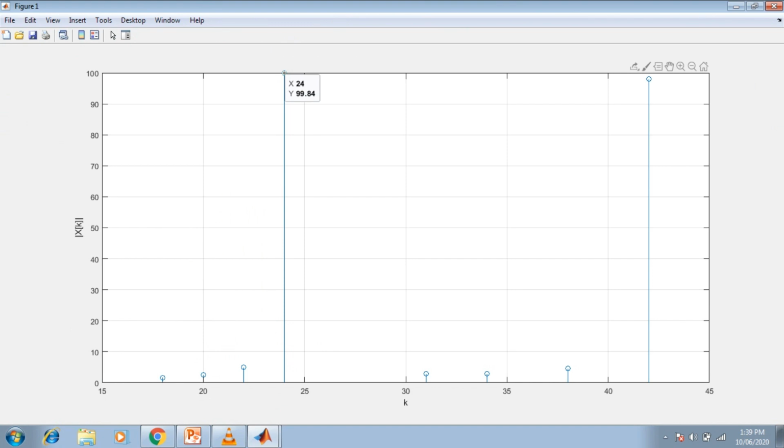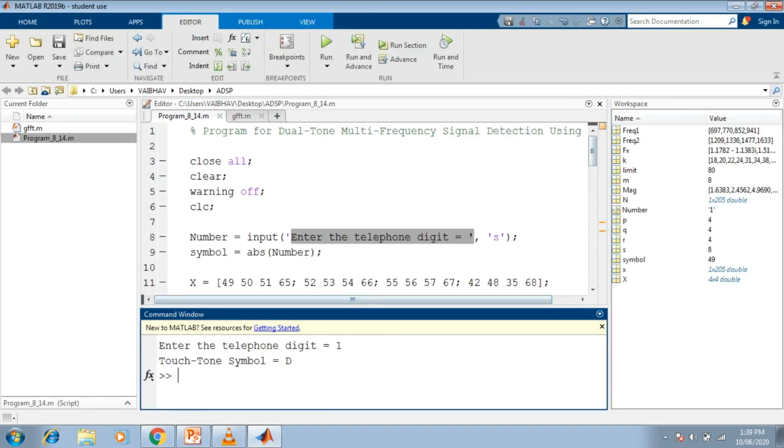Yes, here x is equal to 24, and the exact y value is 99.84. The second prominent component is at x equal to 42, and the amplitude level is 98.01. Now on the command prompt the touch tone symbol is equal to D.